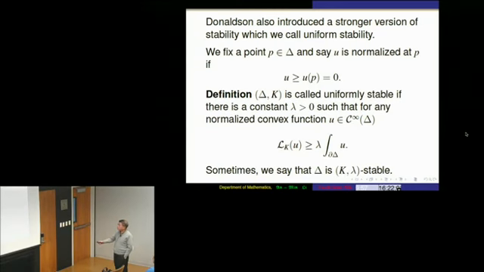We fix a point p, an interior point of delta, and say u is normalized at p if u is greater than or equal to u(p) and u(p) equals 0. Definition: Delta_K is called uniform stable if there is some constant lambda greater than 0 such that L_K(u) is greater than lambda times the integral of u over the boundary of delta. Sometimes we say delta is (K, lambda)-stable.